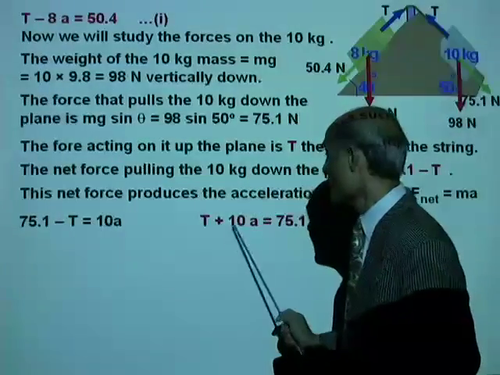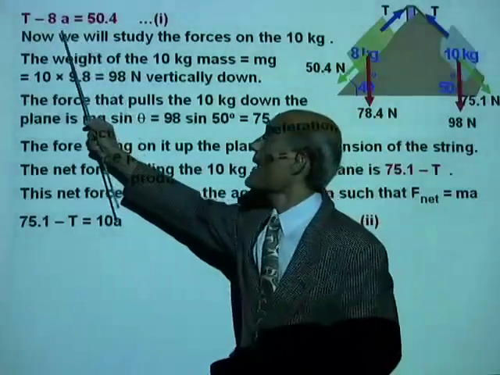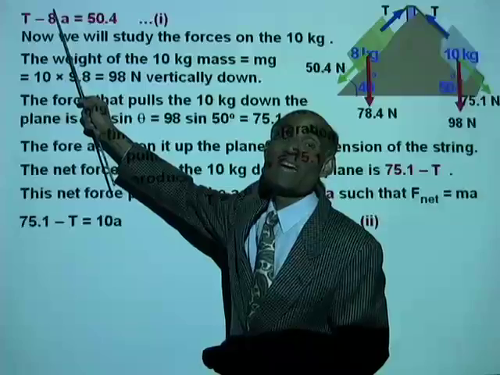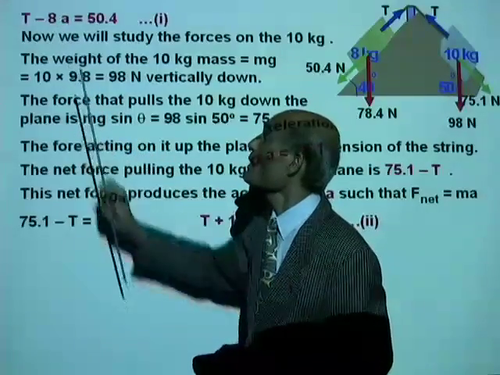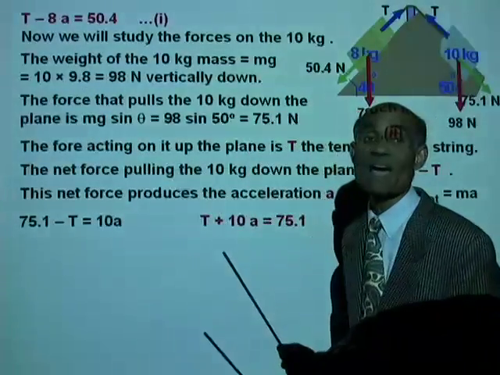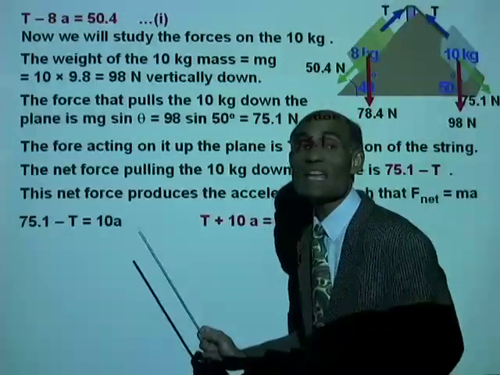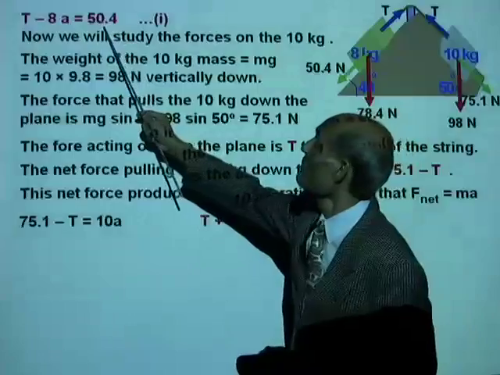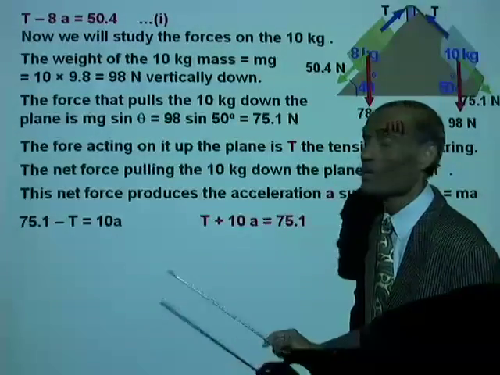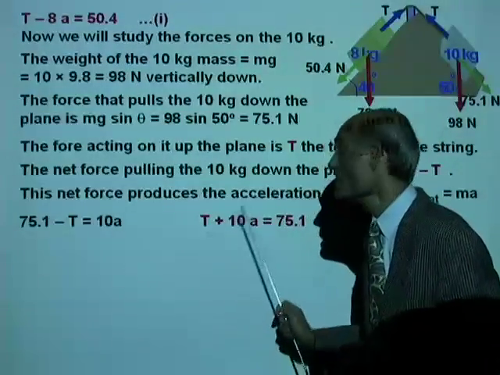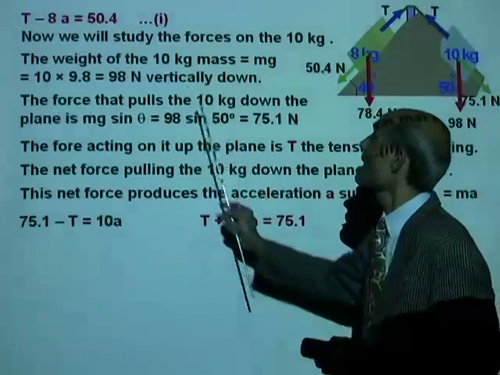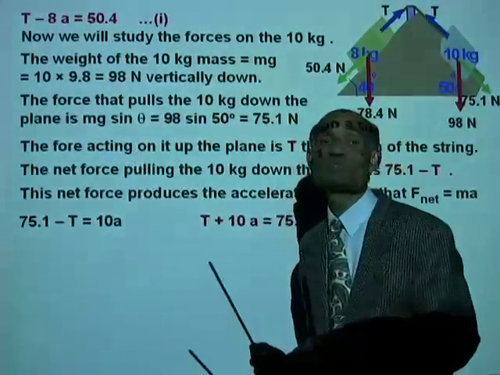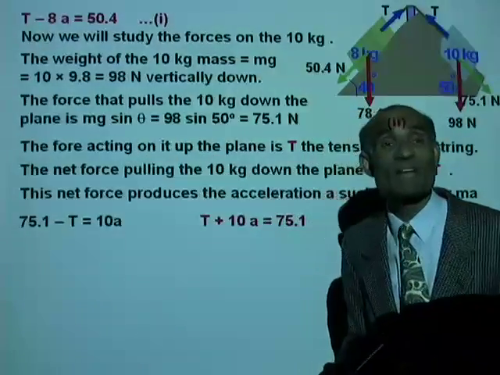T disappears. 10A minus negative 8A will be 18A. And 18A is on the left side. Now 75.1 minus 50.4. So 18A equal to 75.1 minus 50.4, and you can find your A.